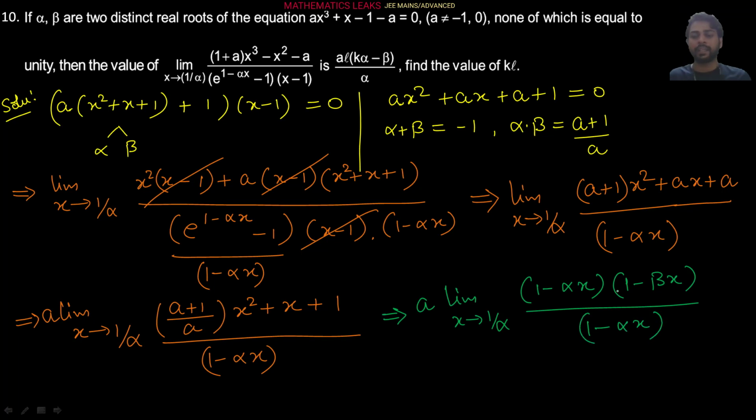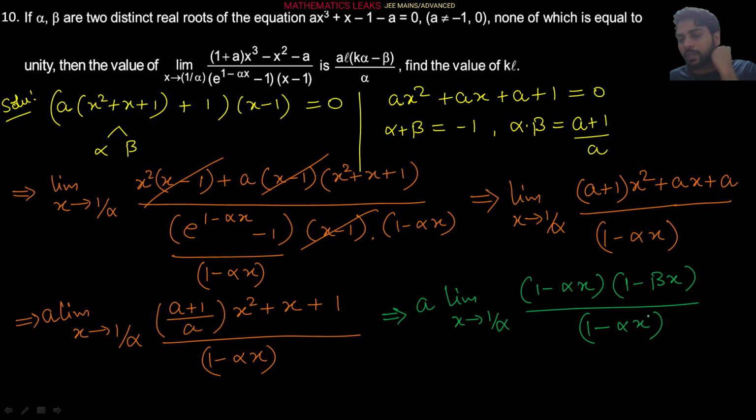That is correct. If you do the product, you can observe it is giving you the same quadratic on using the relation between alpha, beta and this constant and a. This quadratic only it is coming here, right?